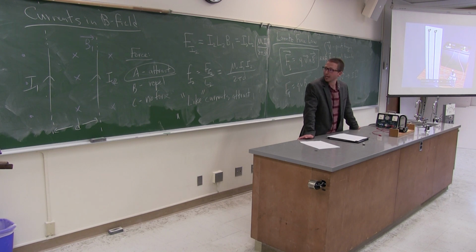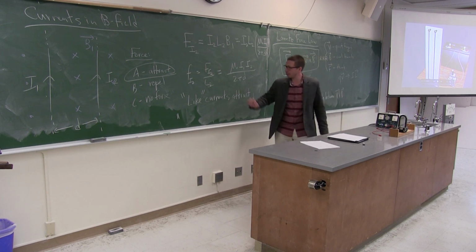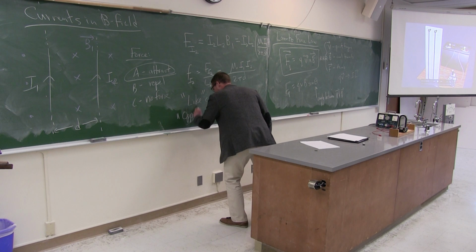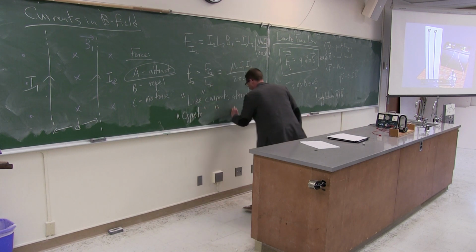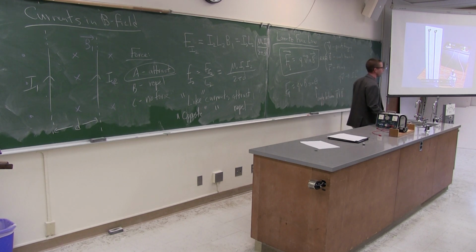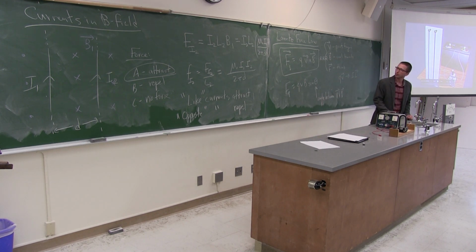Now, by symmetry, the force on wire number 1 is also going to be to the right. It's also going to attract, but opposite currents will repel.